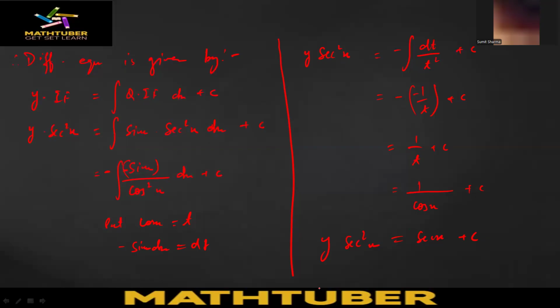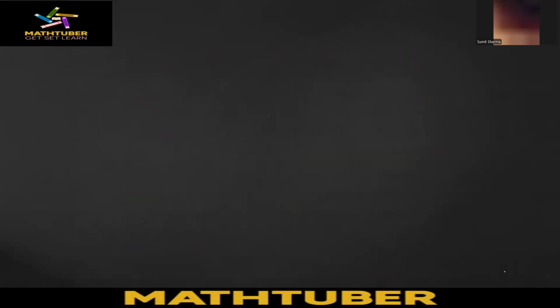Now we can substitute the values, which are given as y equal to 0 when x is equal to pi by 3. So it is 0 into sec square pi by 3 equals sec pi by 3 plus c.